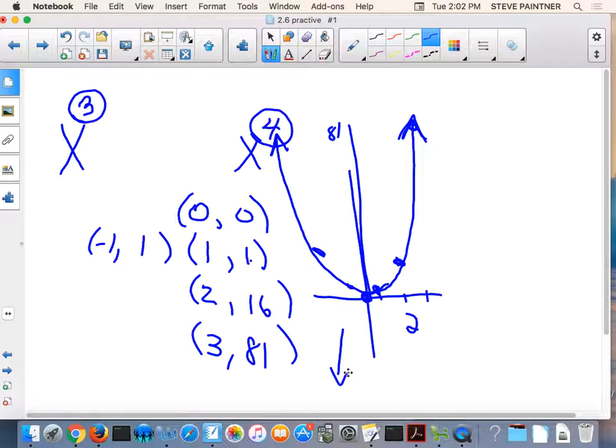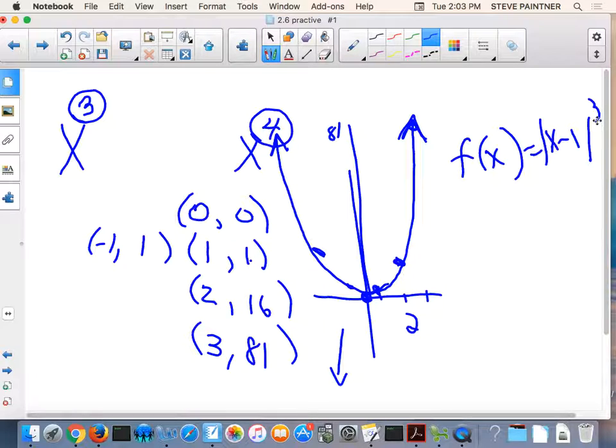So what happens if the function of x is equal to the absolute value of x, I don't know, -1 to the third power or something like that? Well, here's the deal.